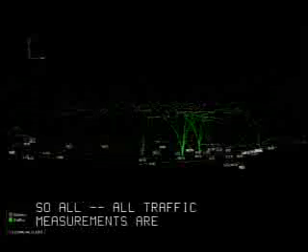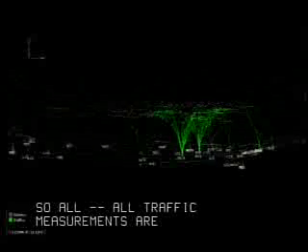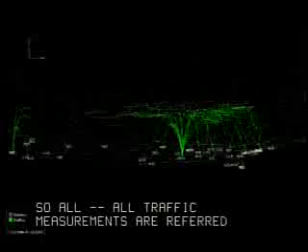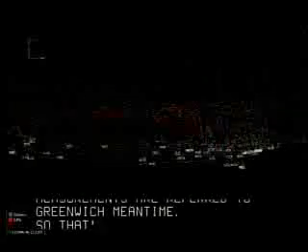You may be wondering why pick 7 p.m. This is a holdout from the British days where time really is in England, so all traffic measurements are referred to Greenwich Mean Time. So that's why this odd thing about the movie starting at 7 p.m. and ending at 7 p.m. the next day. Can I have the animation, please?